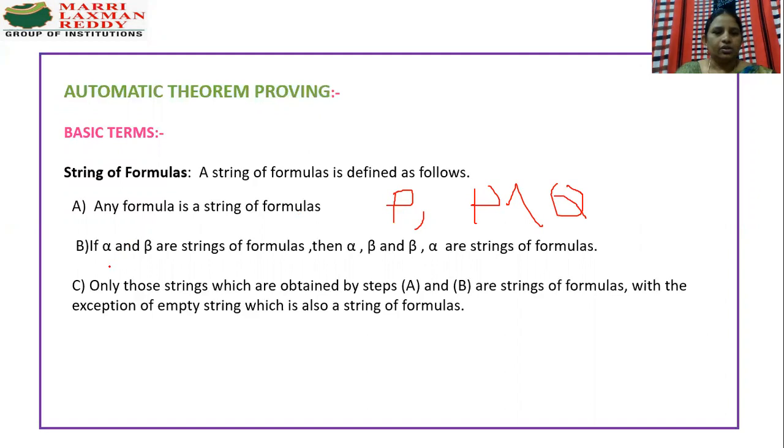Second rule is if alpha and beta are strings of formulas, then alpha comma beta and beta comma alpha are also strings of formulas. The strings not only consist of connectives and parentheses and alpha beta, but the empty string is also a string of formula. Empty string is also a string of formula.